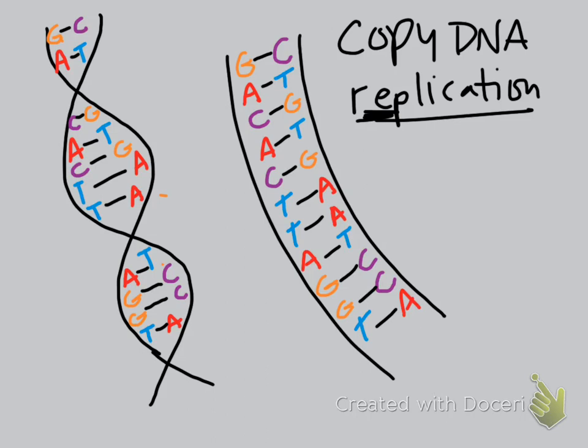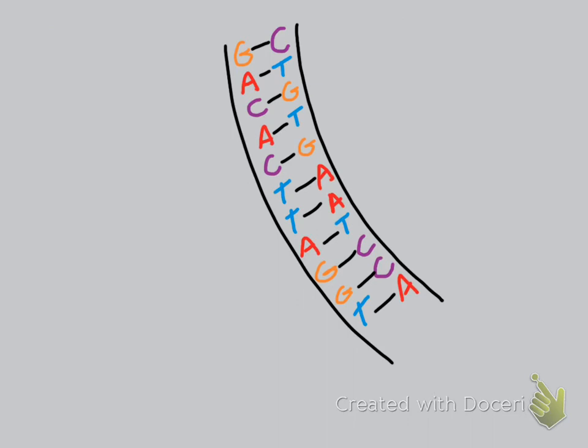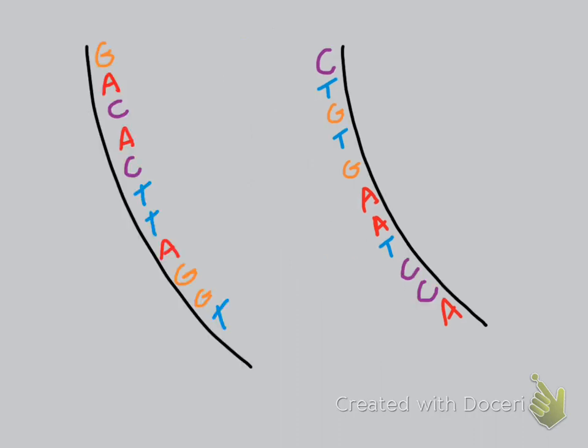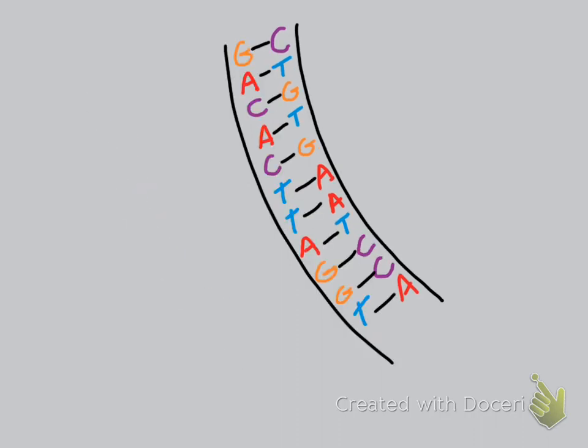Now, to simplify the process of replication, I have drawn this molecule of DNA untwisted. It isn't actually untwisted, but I'm drawing it that way to simplify looking at replication. So here's our untwisted molecule of DNA, and we've got two halves. The first thing that you have to do in order to copy this is you have to unzip.